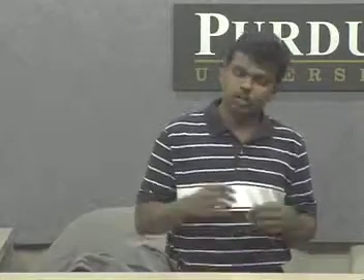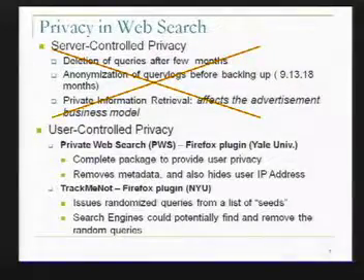Also, using such techniques as onion routing, you can hide your actual IP address from the search engine. The second tool that is available, which is known as Track Me Not, is a Firefox plugin that you can install in your machine. It's going to send out random queries every once in a while, so that the search engines will not be able to figure out what the actual user queries are.